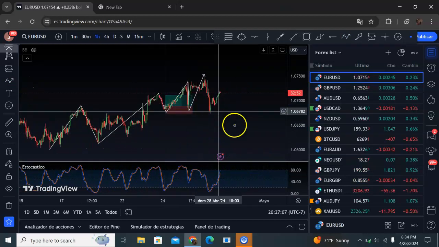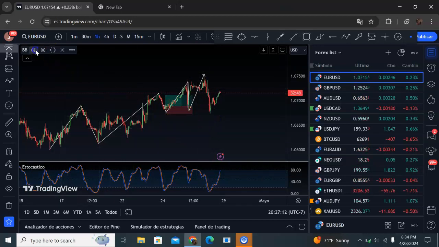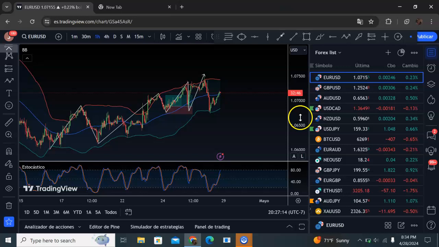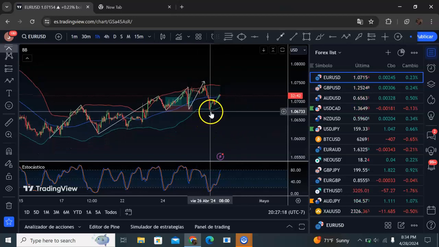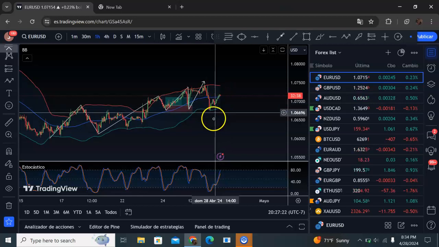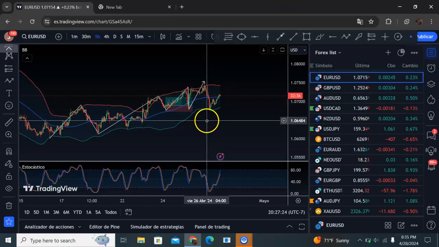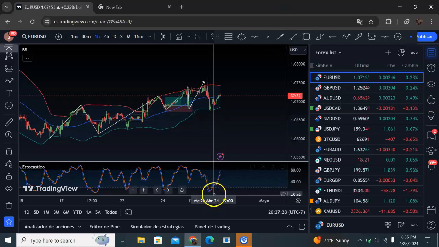We got an uptrend. Let's look at the Bollinger Bands. As you know, the market in the latest few hours started going up. I wouldn't have taken this in the 1 hour, although we have oversold conditions.